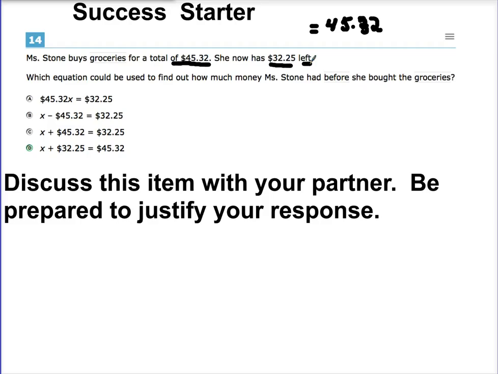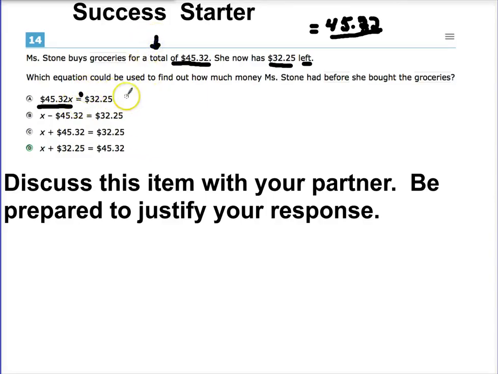Okay, so we're back. And we know that, again, $45.32 is going to be at one end of the equal sign. So I see a $45.32 on this side, and here's the equal sign here. But I also see that this is multiplied by something. And this tells me this was a total.